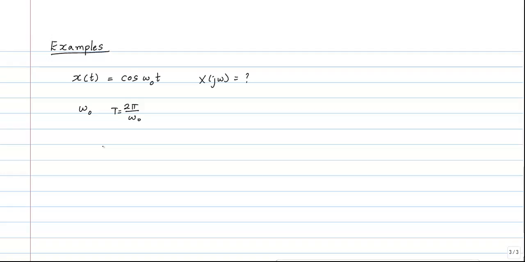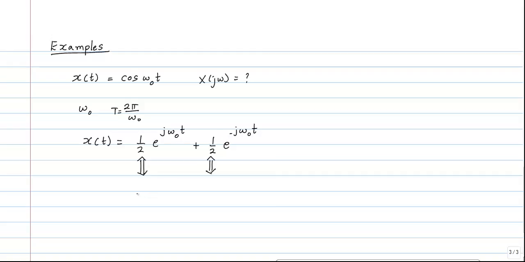If you have thought about it and you still need help, the easy way to find this would be to use the method of inspection, which would be to use Euler's formula to write cosine omega naught t as half of e raised to j omega naught t plus half of e raised to negative j omega naught t, and from here we can simply read off the Fourier series coefficients.